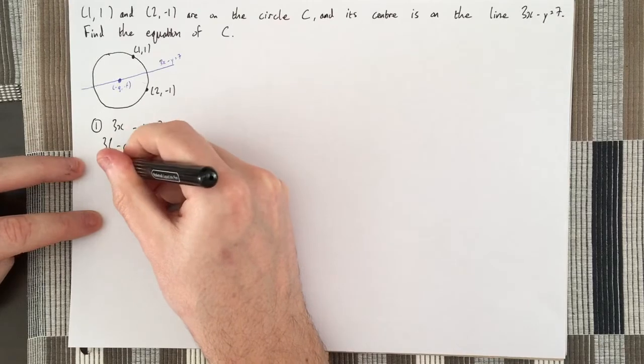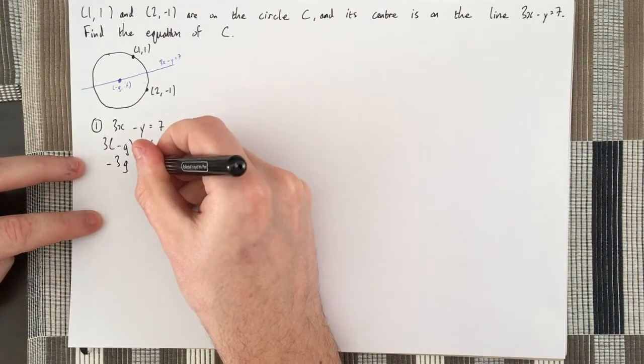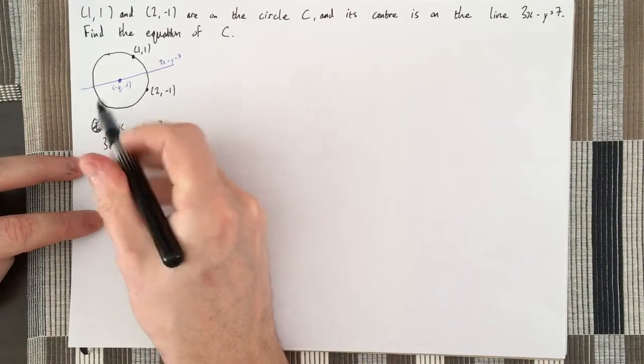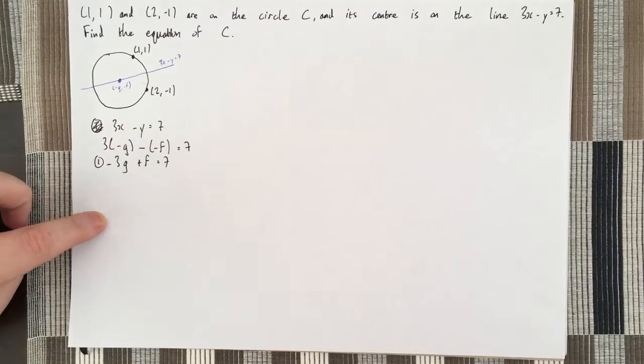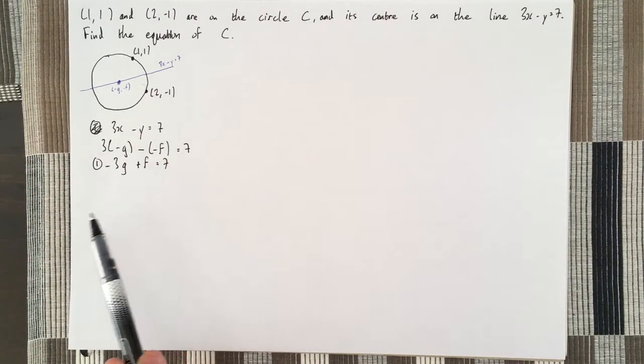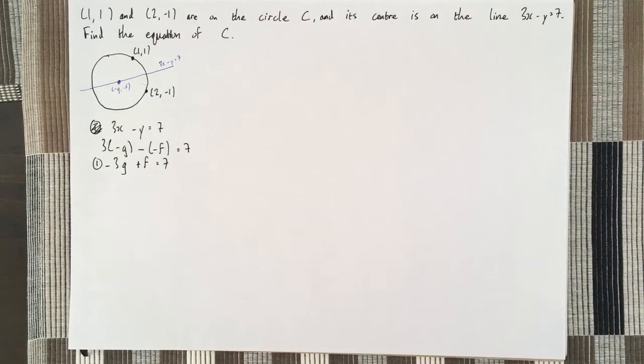So 3 times -g is -3g, minus -f is plus f, and that's equal to 7. So that's my equation 1. This equation just has g and f in it. That's not going to be any problem for me. It'll actually make the question a little bit quicker in the end.